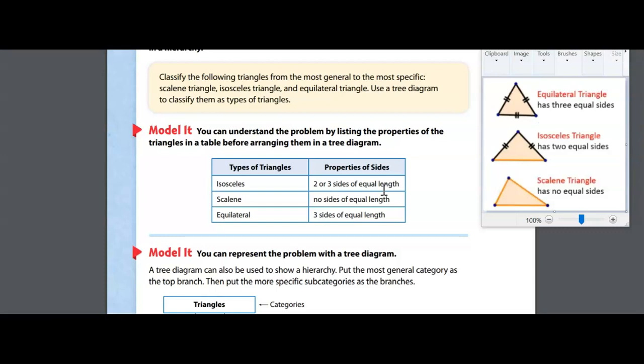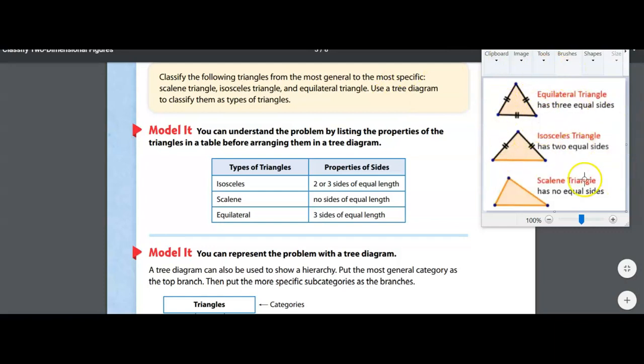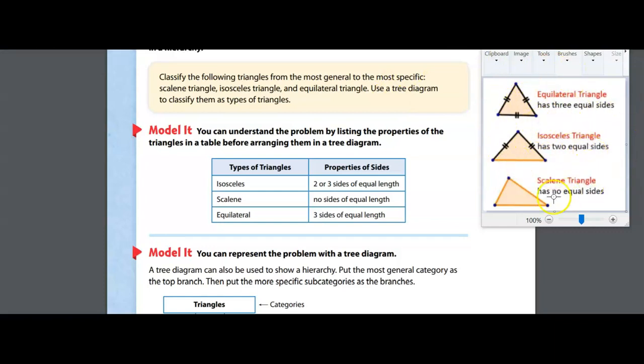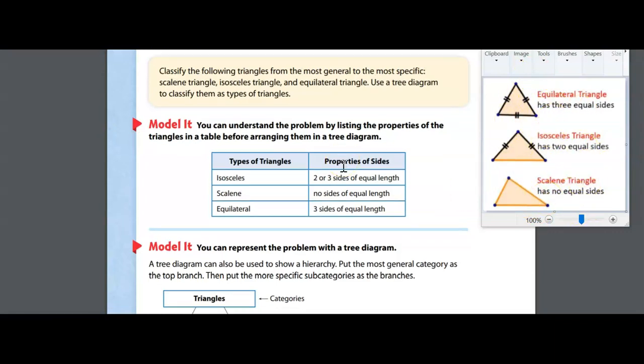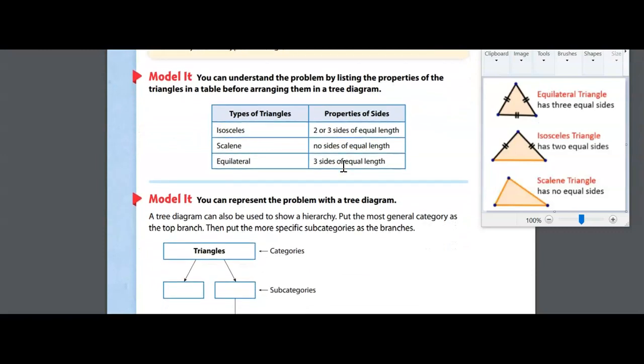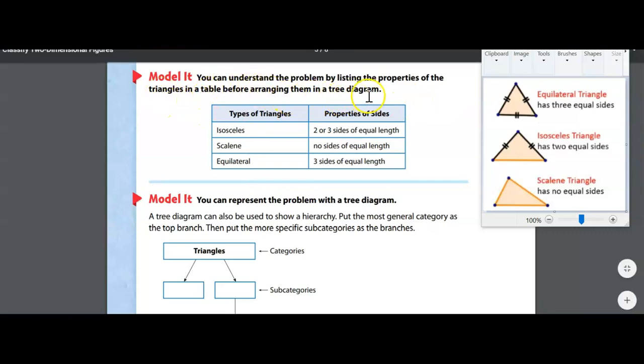Use a tree diagram to classify them as types of triangles. And to our right, I have an anchor chart to specify and show us the difference between each different triangle. So the model tells us that you can understand the problem by listing the properties of the triangles in a table before arranging them in a tree diagram.